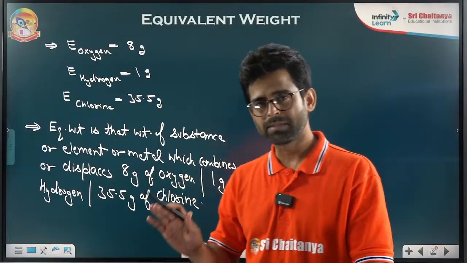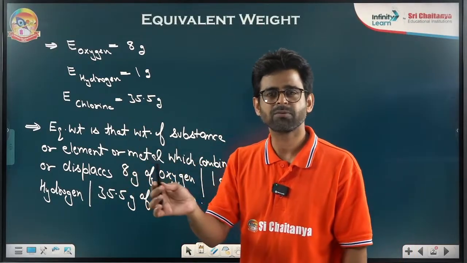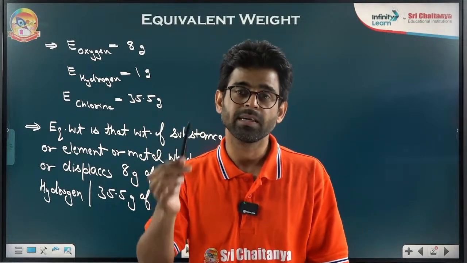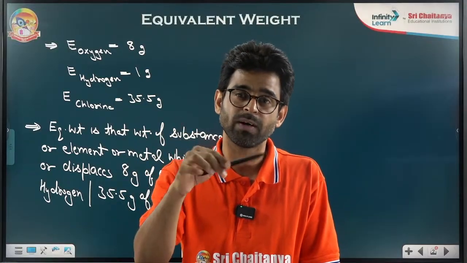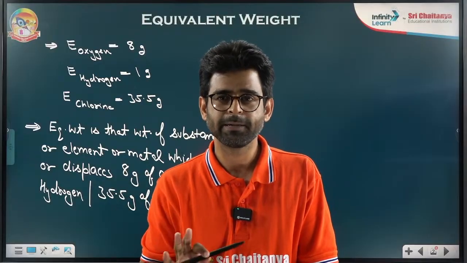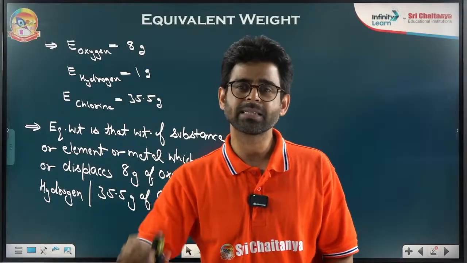Fine. I'm saying once again, it is that weight of substance which is combining with 8 gram of oxygen, or I can say 1 gram of hydrogen, or 35.5 gram of chlorine, right? Clear? Imagine I am taking some other substance.